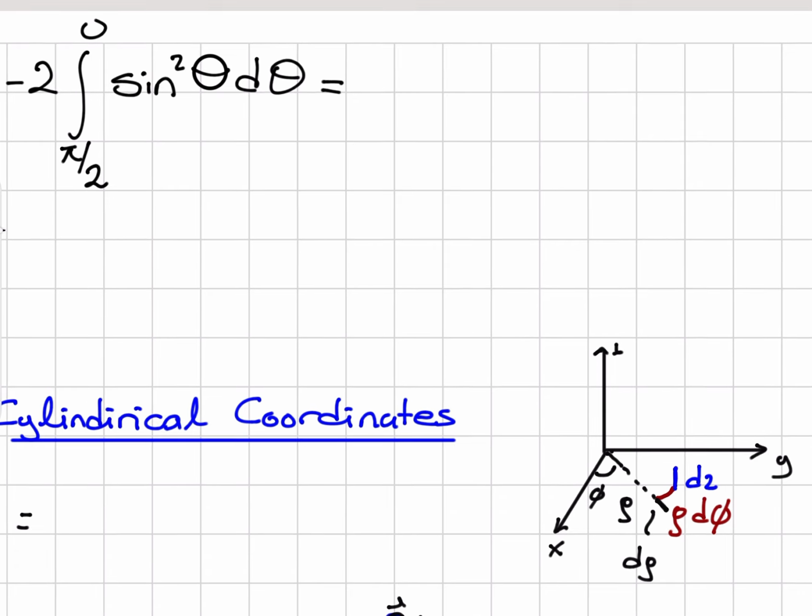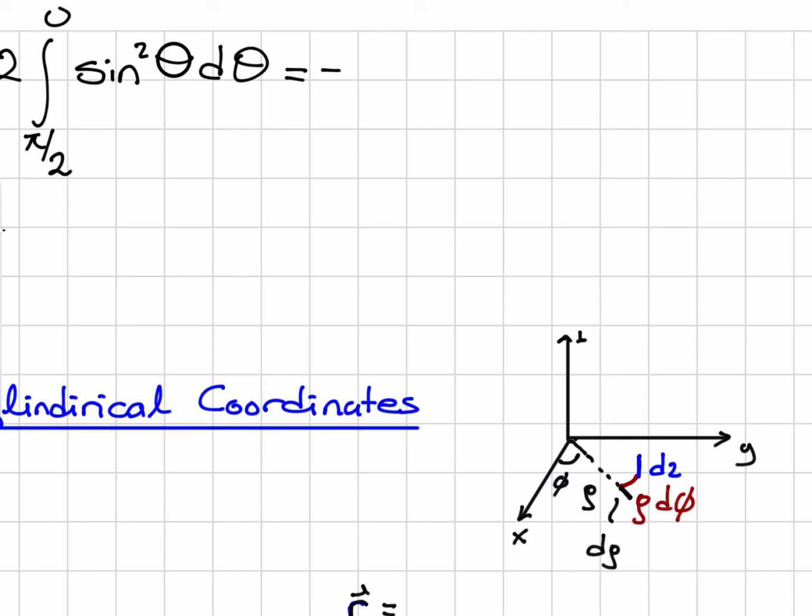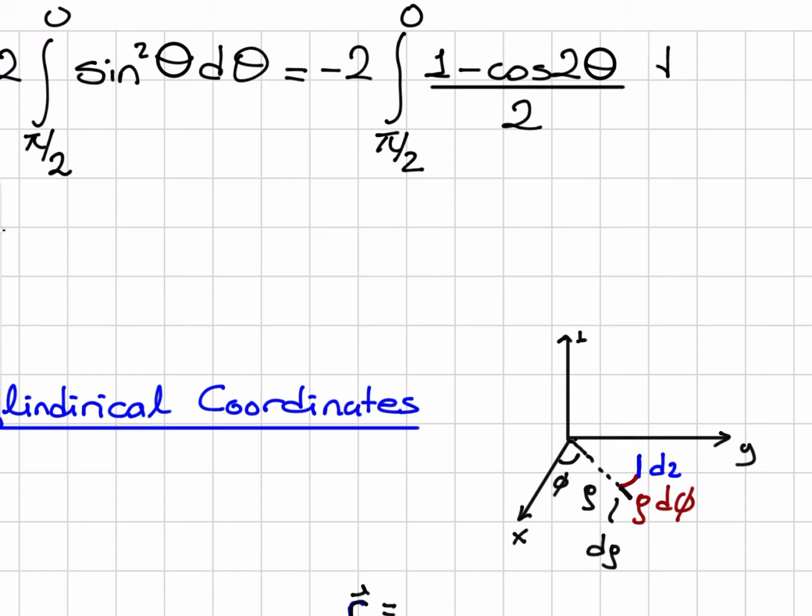And for sine squared theta, I can substitute using the half angle formula for cosine 2 theta: 1 minus cosine 2 theta over 2 d theta.